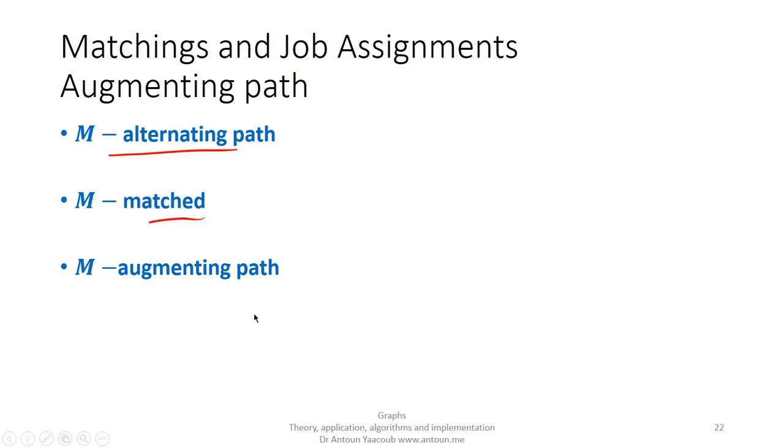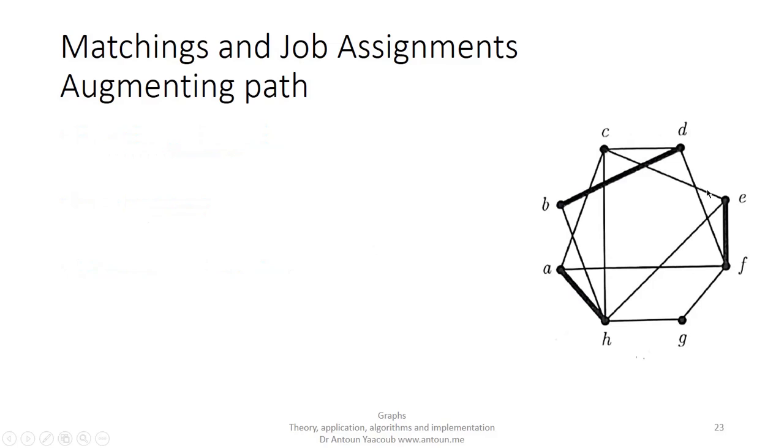An M-augmenting path is an alternating path, alternating between matched and unmatched edges, where the starting vertex and the end vertex are not matched. For example, C, E, F, G is an M-augmenting path, augmenting because we start from an unmatched vertex and reach an unmatched vertex.